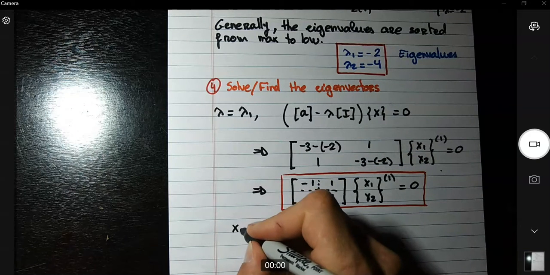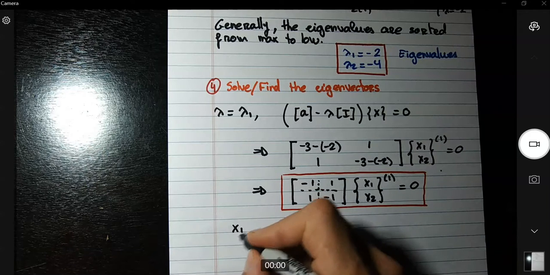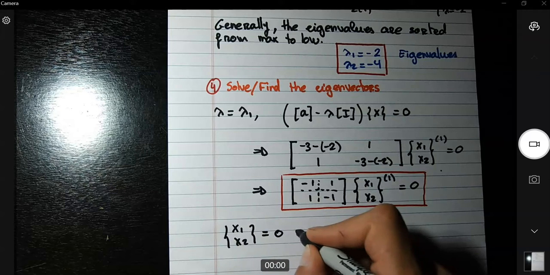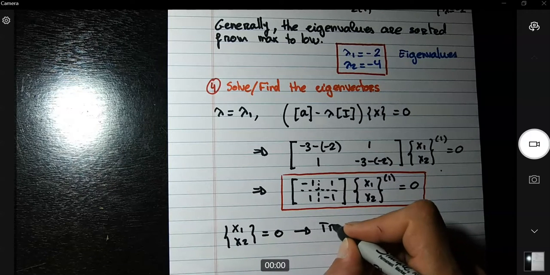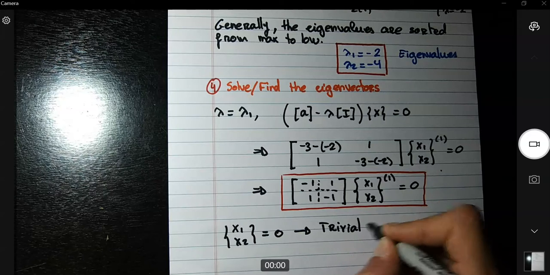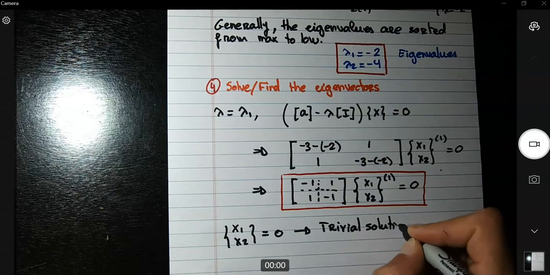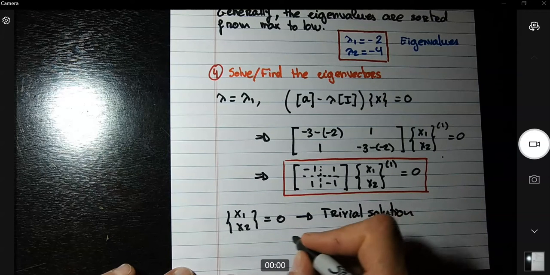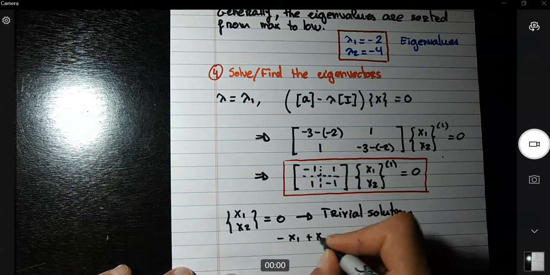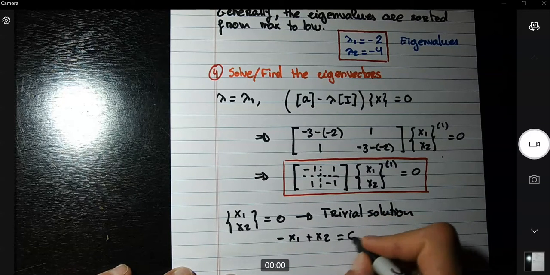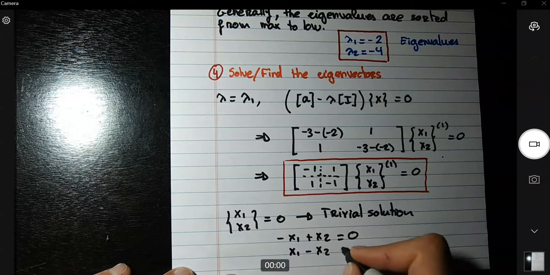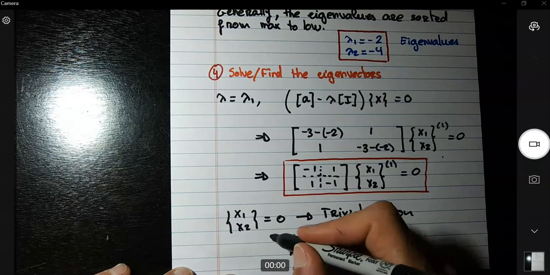Either you have x1, x2 equal to 0, which is the trivial solution that we're not interested in, or the other way is to solve the system: minus x1 plus x2 equal to 0, and x1 minus x2 equal to 0.